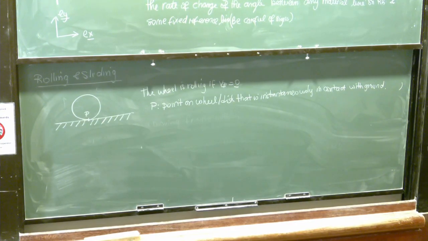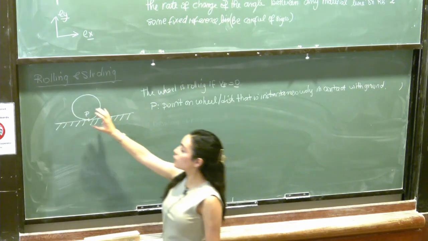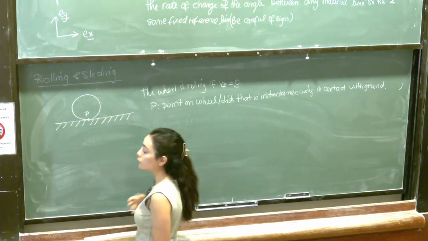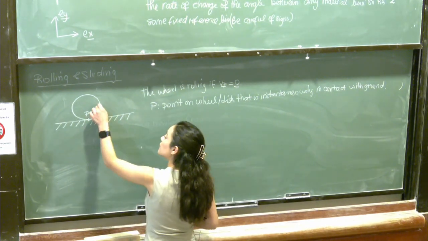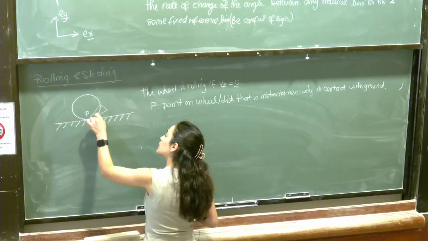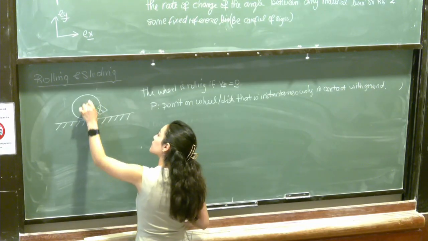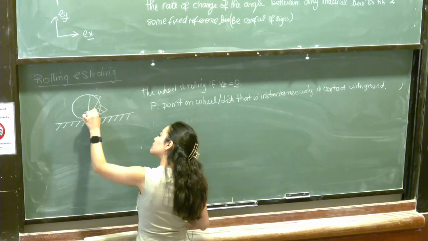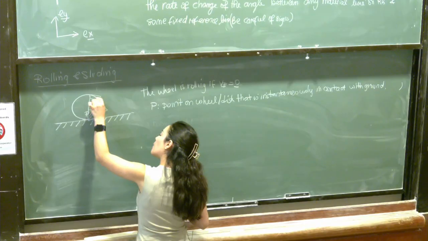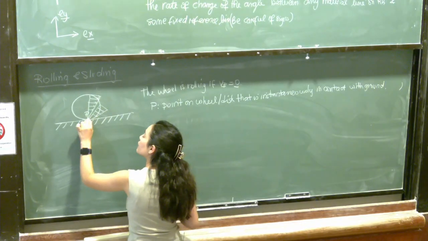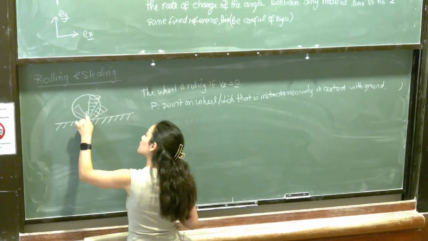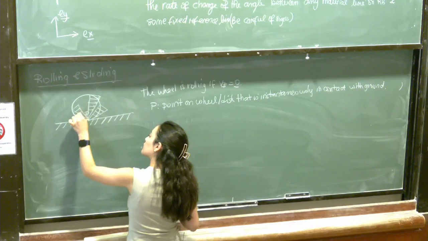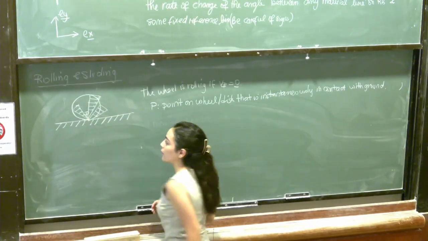Now, at this instant, the wheel is rotating about P. So if I were to draw the velocity profile of this wheel, it would be rotating about P at this instant. Points at the same radial distance from P have the same speed.